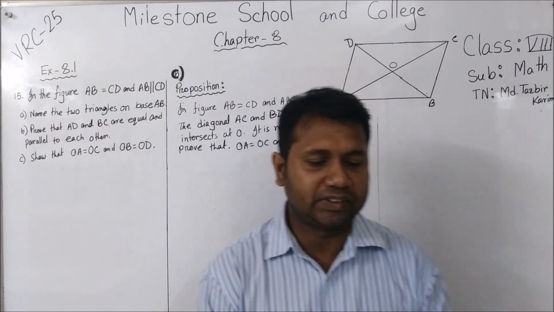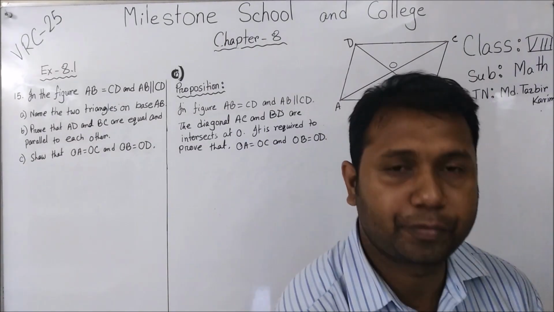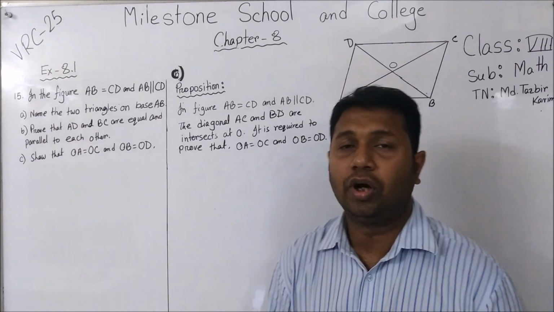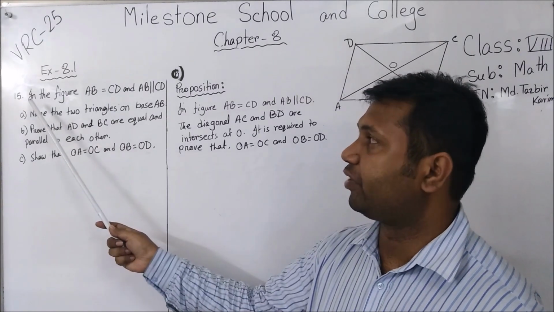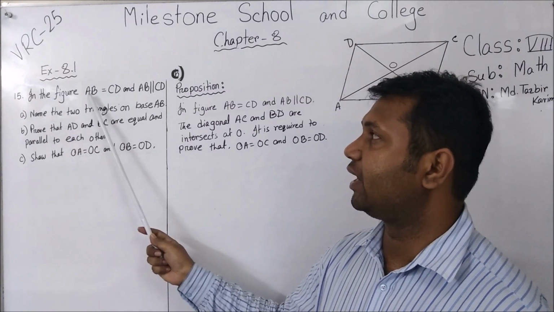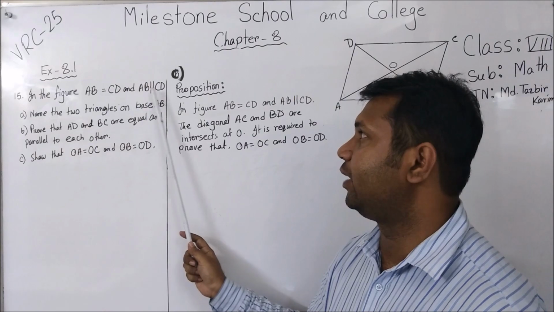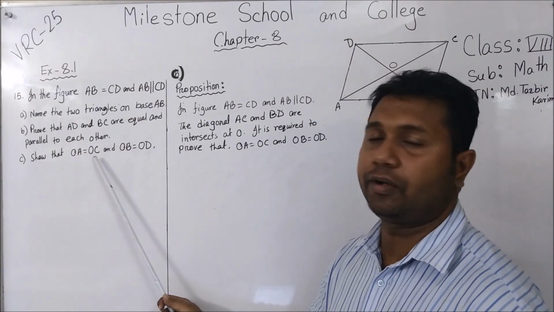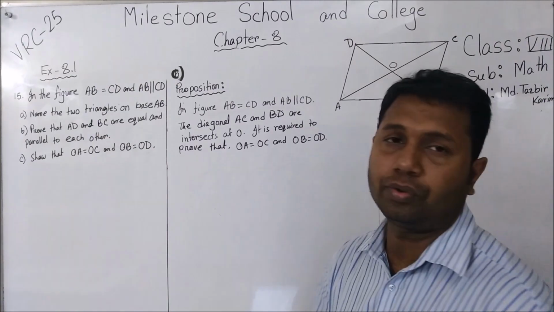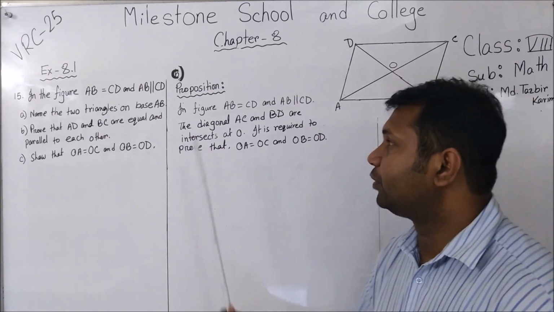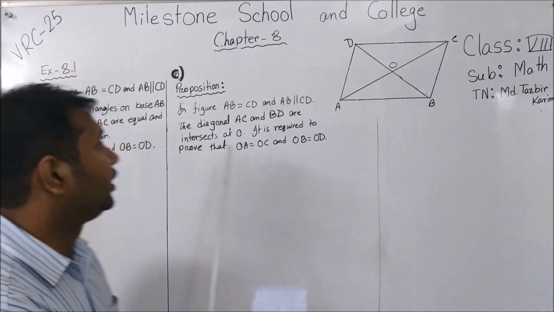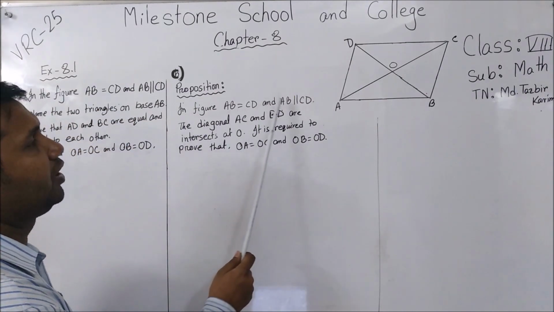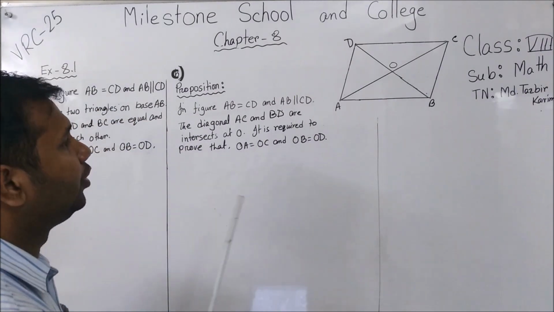So my dear students, here is question C that we are going to prove. Before that, let us read the question again. In the figure AB equals CD and AB is parallel to CD. Show that OA equals OC and OB equals OD.